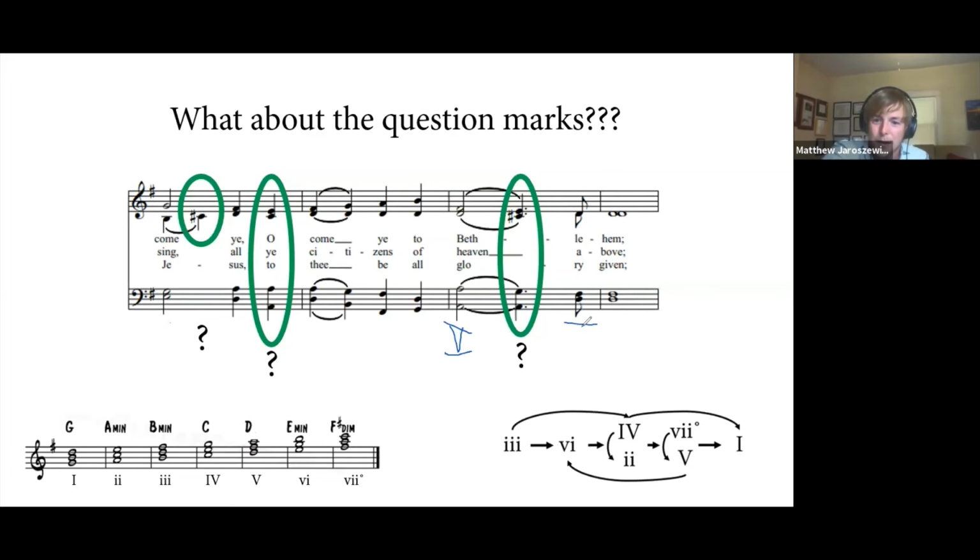We have another 5 chord here. And this chord, this A dominant 7th chord, is what we call a secondary dominant 7th chord that's used to prolong this 5 chord before it moves on to another step in the flow chart.